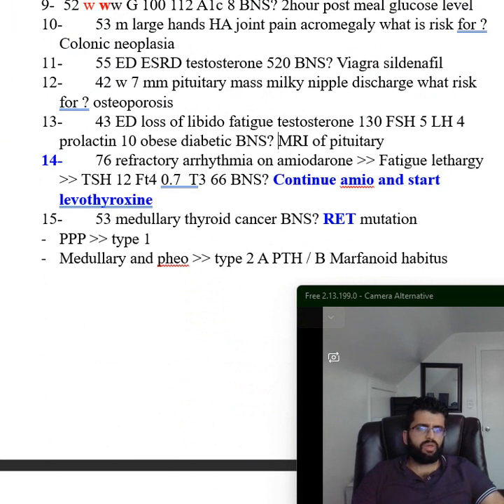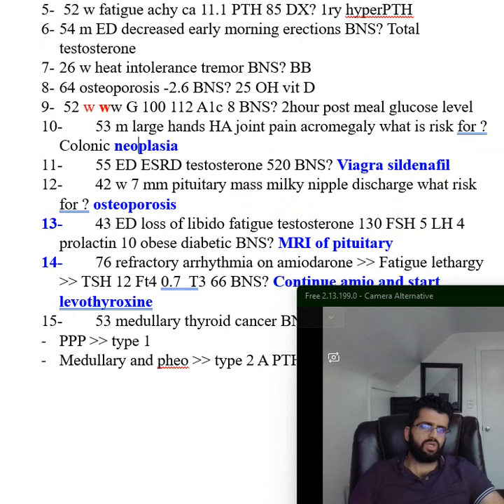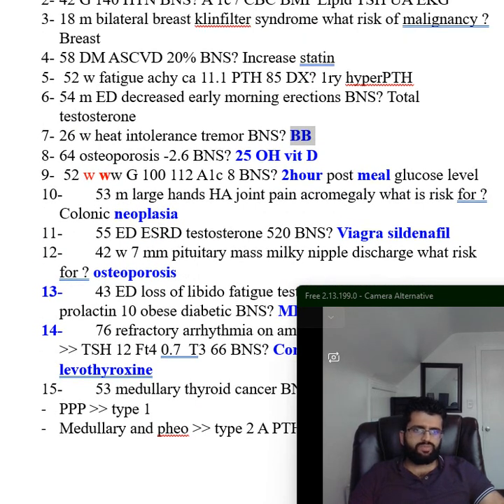We talked about MRI of pituitary, osteoporosis, sildenafil for low testosterone, for normal testosterone and erectile dysfunction, colonic neoplasia for acromegaly. 2-hour post-meal glucose monitoring is a good option to see why the patient's A1C is high. 25-hydroxyvitamin D is good if there's osteoporosis. Beta blocker for hyperthyroidism.